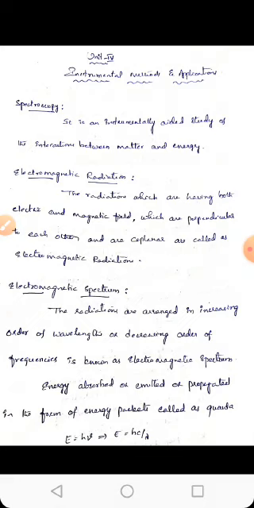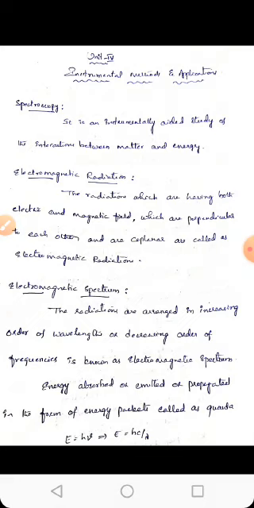Then coming to the characteristics of these electromagnetic radiations. These are characterized by their wavelengths, frequencies or wave numbers. The energy carried by an electromagnetic radiation is directly proportional to its frequency.